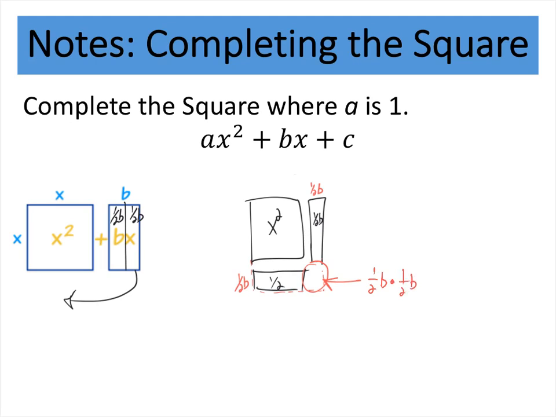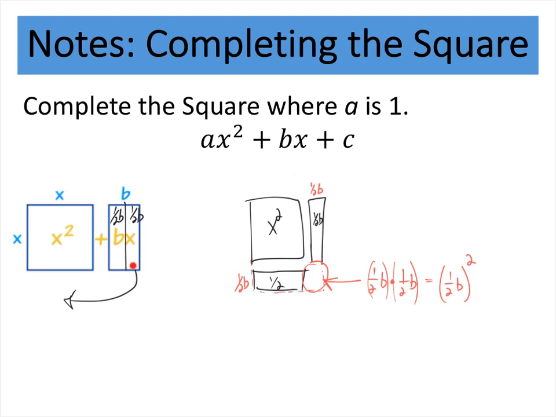Or I can think about that as half of b, all of that to the power of 2, because it's the same thing multiplied twice. So when we're thinking about completing the square, we need to have this visual in mind.